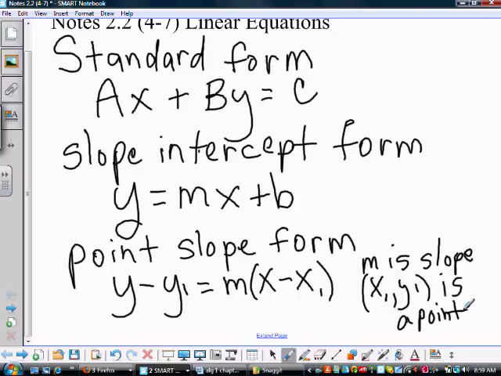Okay, so I'll show you how we use that point slope form.